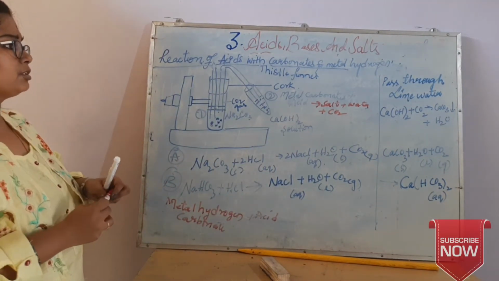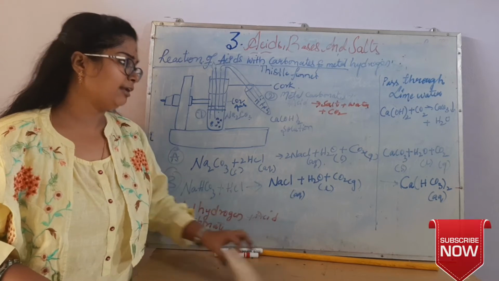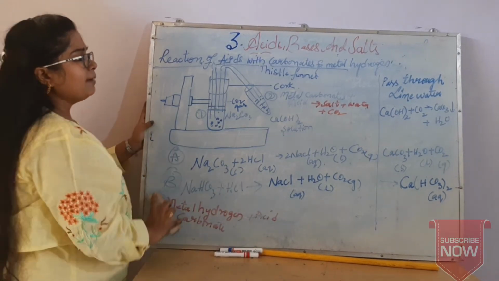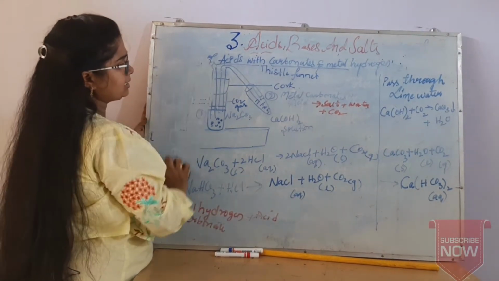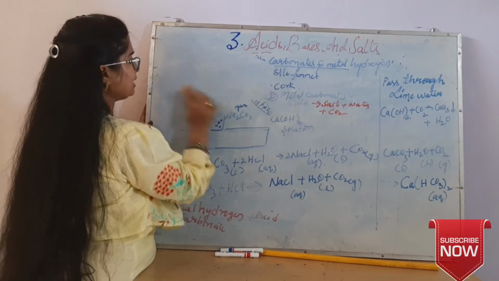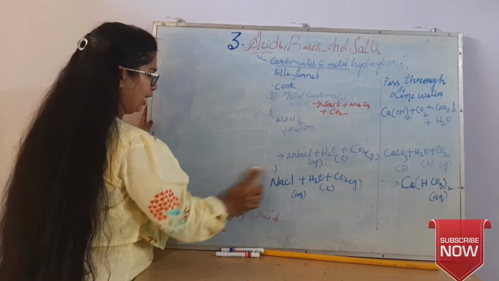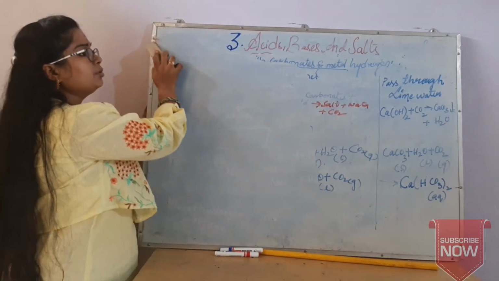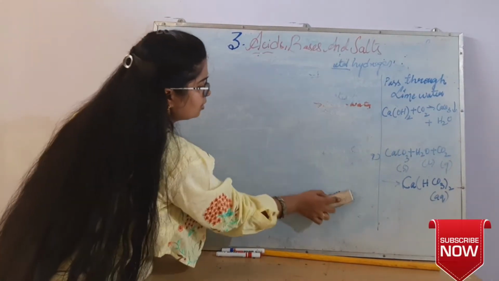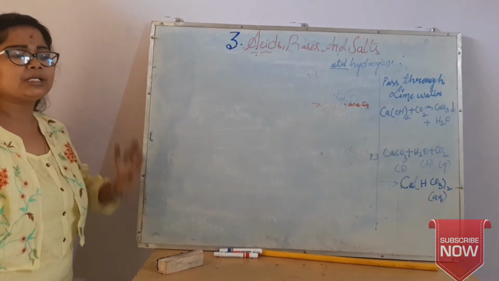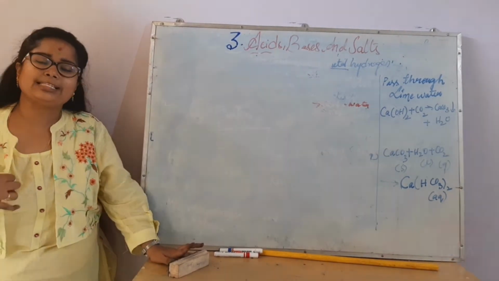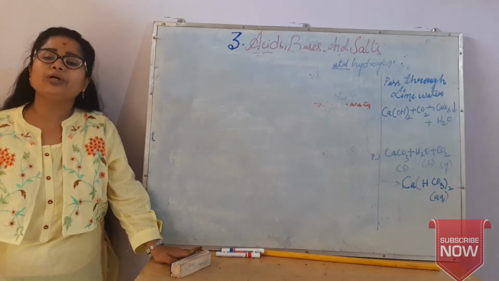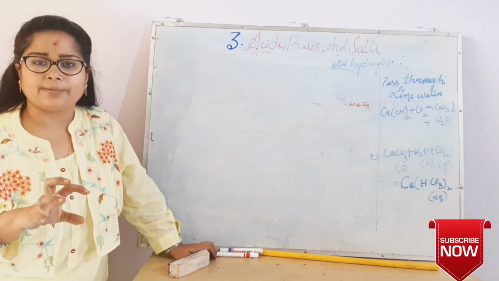So till now you saw acids with different things: acids with metals, metal oxides, carbonates and all. We will see one of the important topics in this, that is neutralization. When you feel upset in your stomach or feel acidity, you put some antacid into it, isn't it?